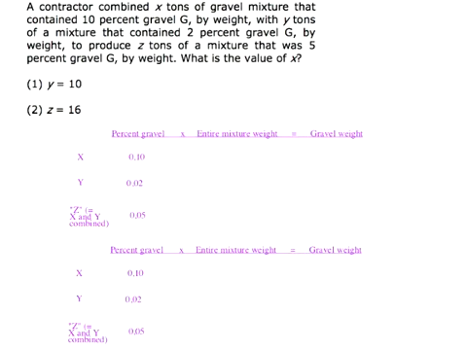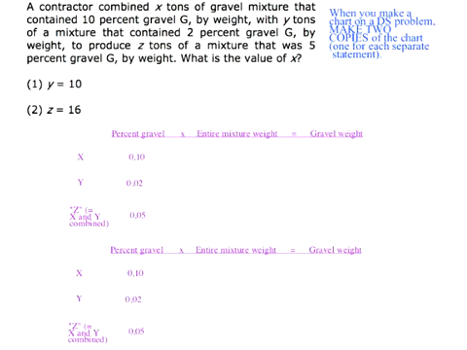So when you have a chart on a data sufficiency problem, you should make 2 copies of the chart, 1 for each statement. You don't need a third copy.